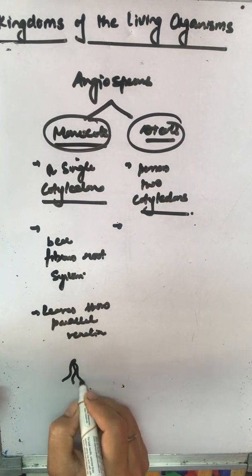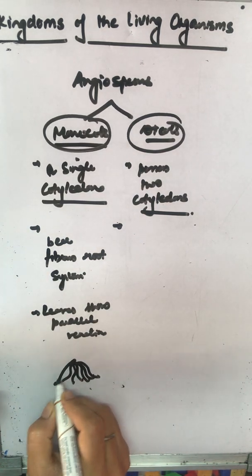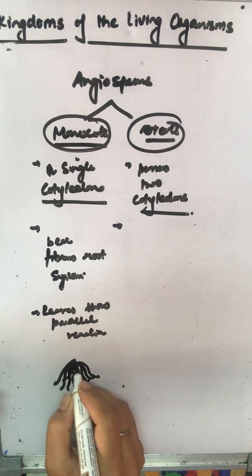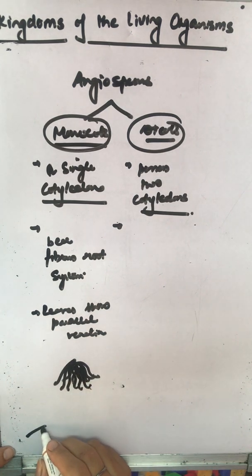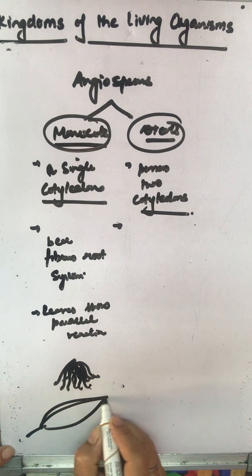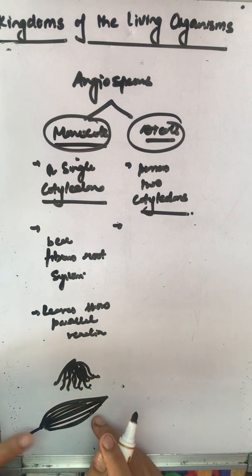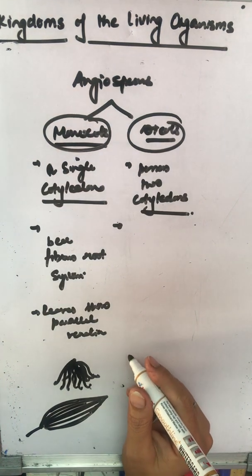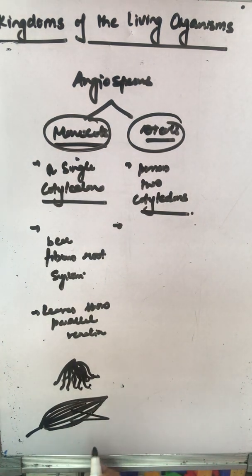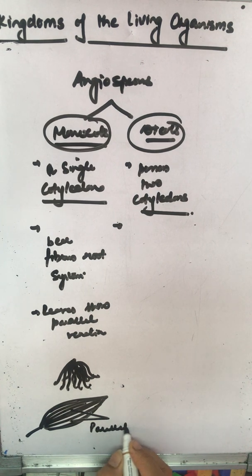Fibrous root system, fiber type. And parallel venation means this one, where the main vein and the lateral veins cannot be distinguished. These are parallel veins.